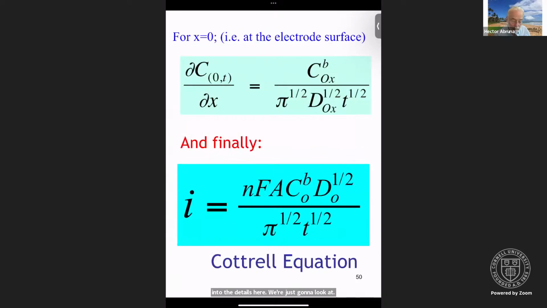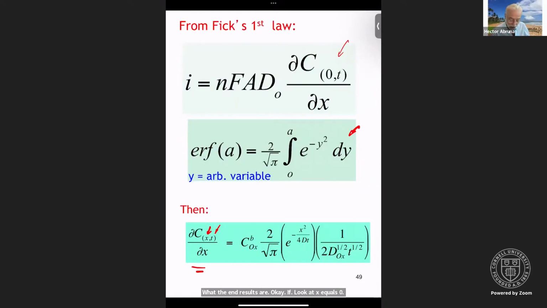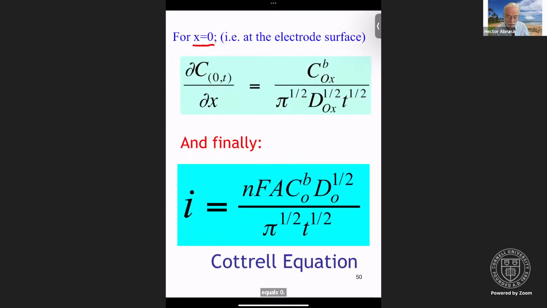If we look at x equals 0, that is at the electrode surface, what do we get? Notice that this conveniently drops off. So we end up that partial c partial x equals bulk concentration over square root of pi, square root of the diffusion coefficient, t to the 1/2.